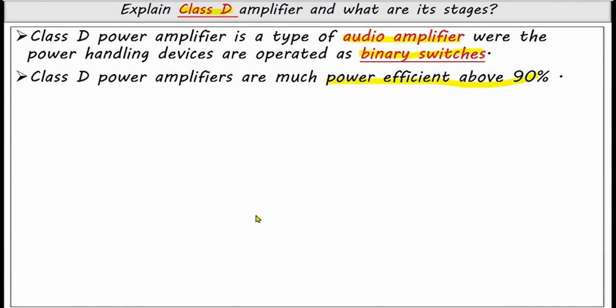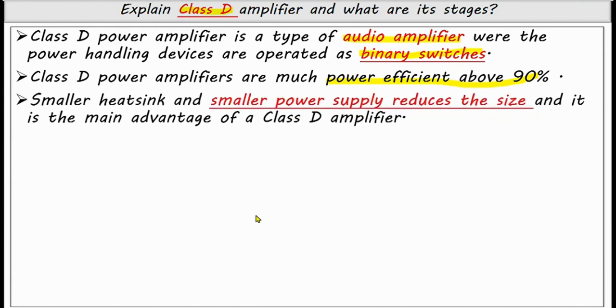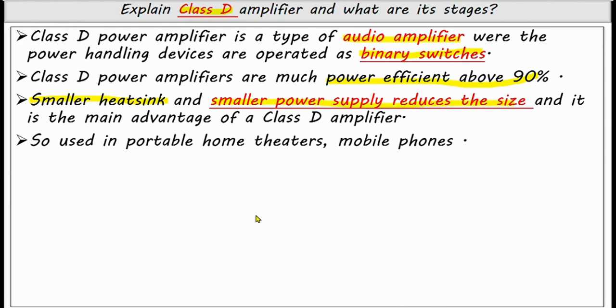This is the main advantage. A smaller heatsink and a smaller power supply are required, so the size of a class D amplifier is very small, so it is used in portable home theaters and mobile phones.